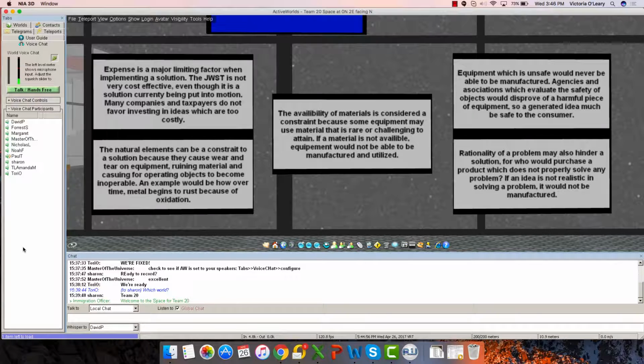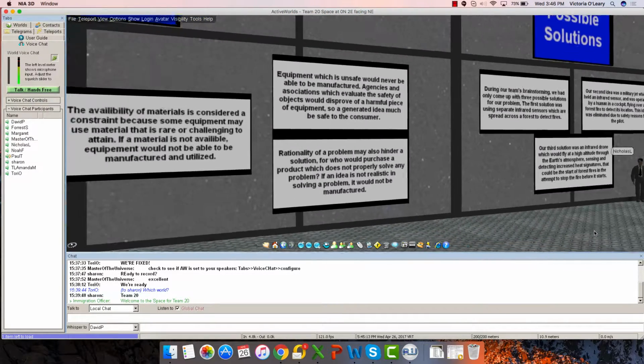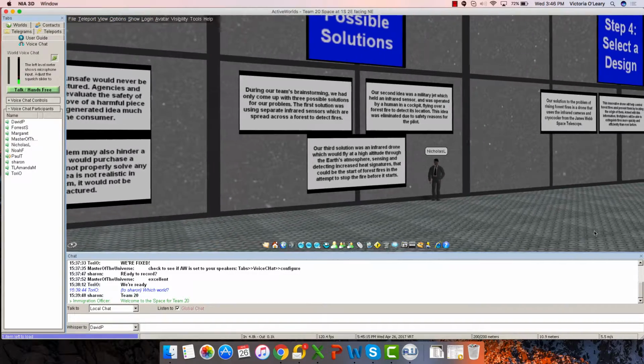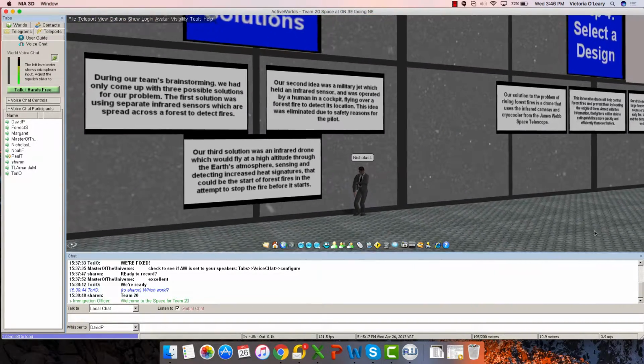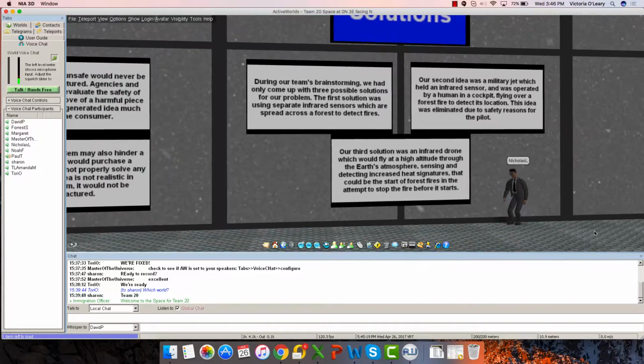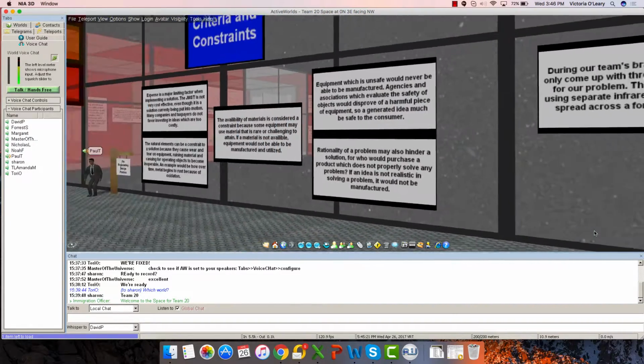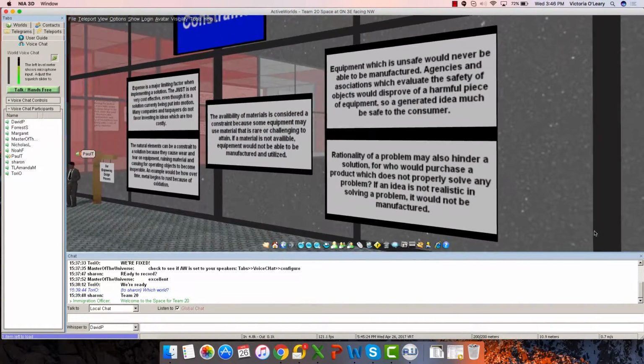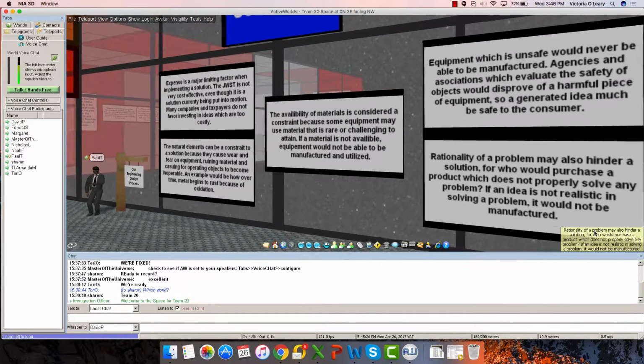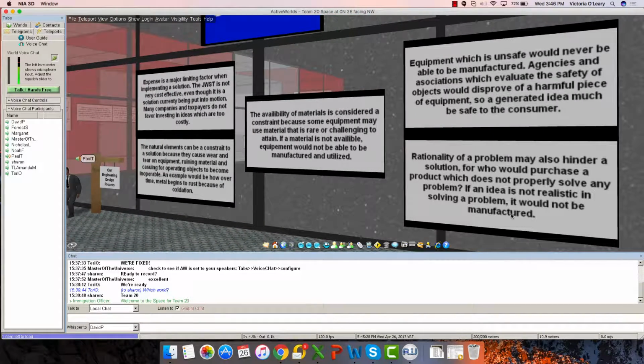So we made our design so that, keeping in mind that we need to keep operating costs low, we decided to use materials that weren't very expensive, and we tried to optimize the design to make it as efficient as possible. One of the ways we did this was when we first designed the drone.